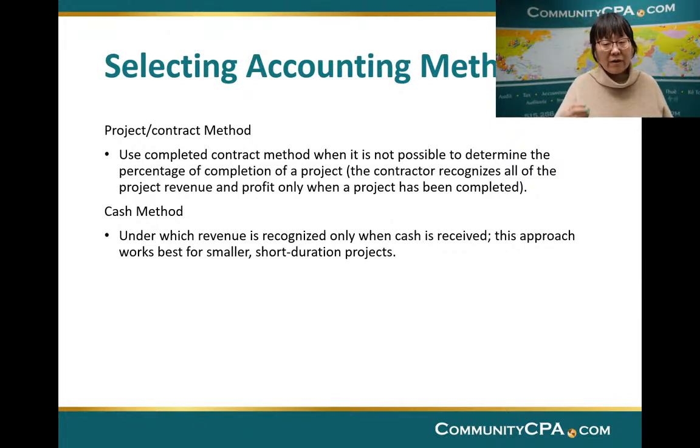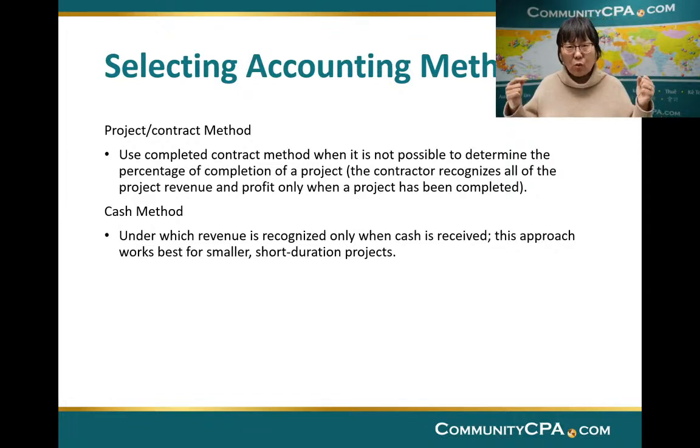So if you have a construction company, the reason we say that is because construction is not necessarily always very quick and short, right? Sometimes it takes time. Sometimes it takes years. So when you get into that kind of construction, you are using the completion method. The reason you want to use the completion method is because you don't want to just count on money you have, then say, oh, that's the money I should pay taxes for.